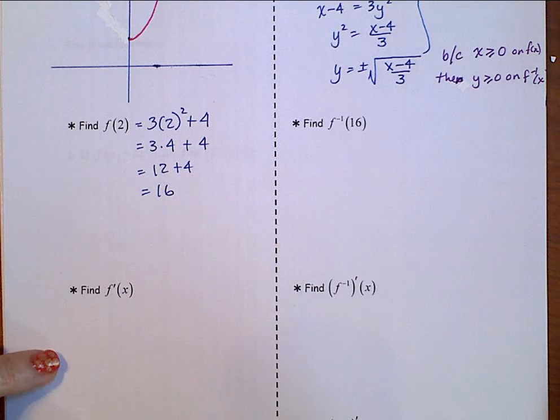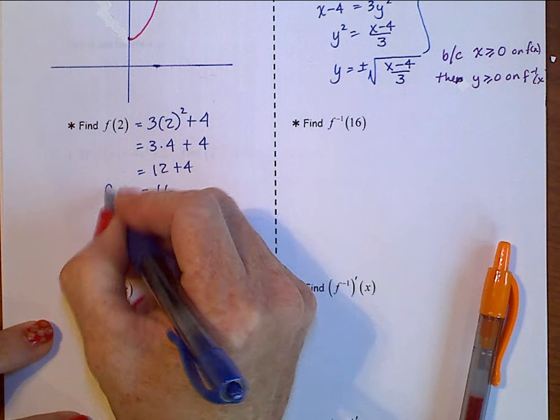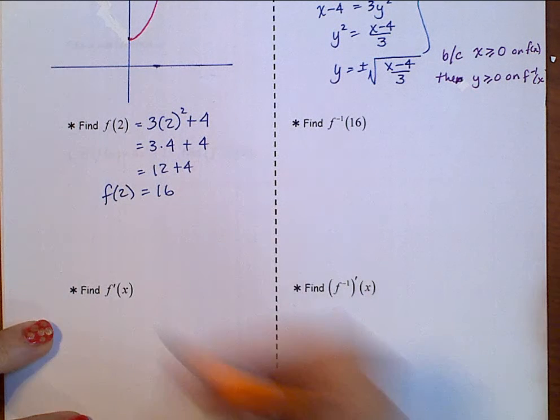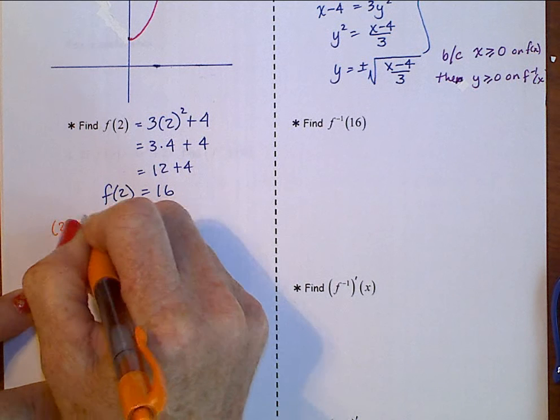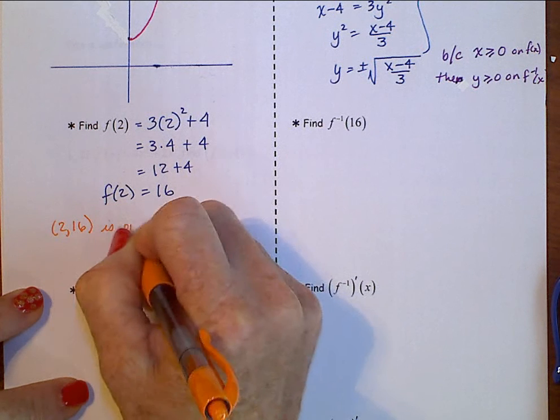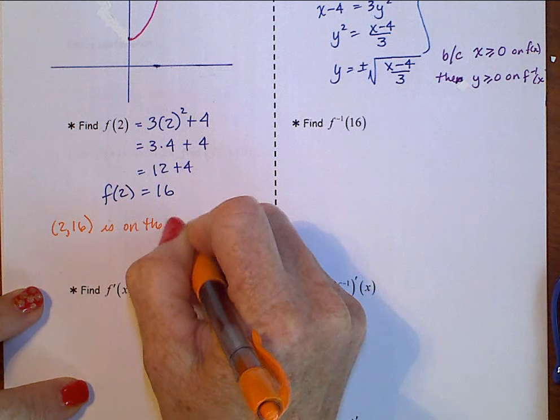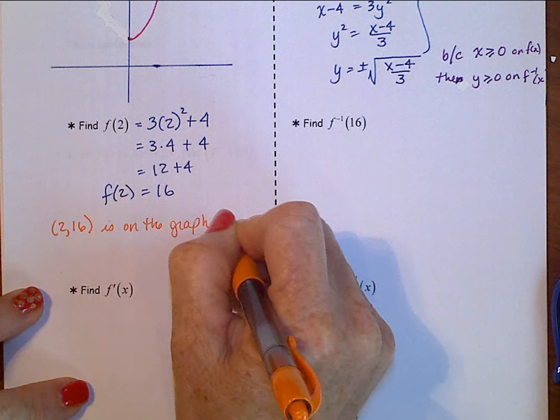Okay, that means f of 2 is equal to 16. And would you agree with me that means that the point 2 comma 16 is on the graph of f of x?